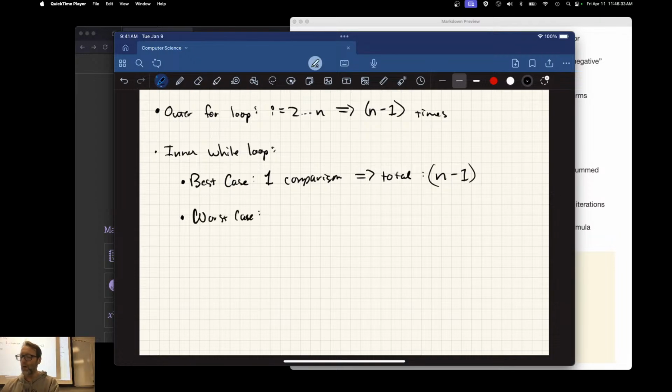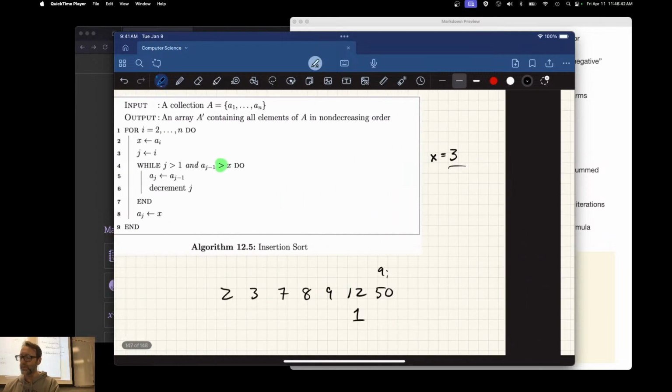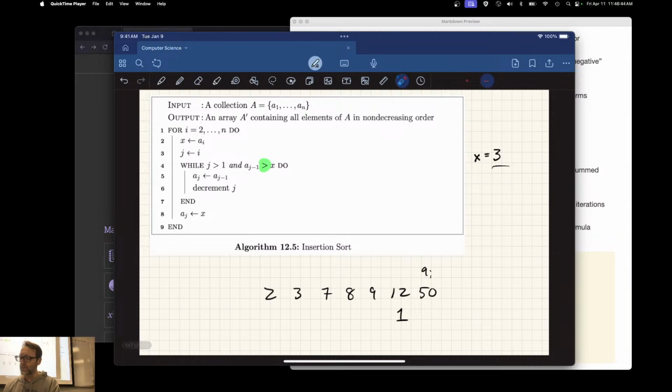Right? On iteration I, we make how many comparisons? So suppose this is my I right here. In other words, 1, 2, 3, 4, 5, 6. Right? And this is not 50 anymore. This is 1.